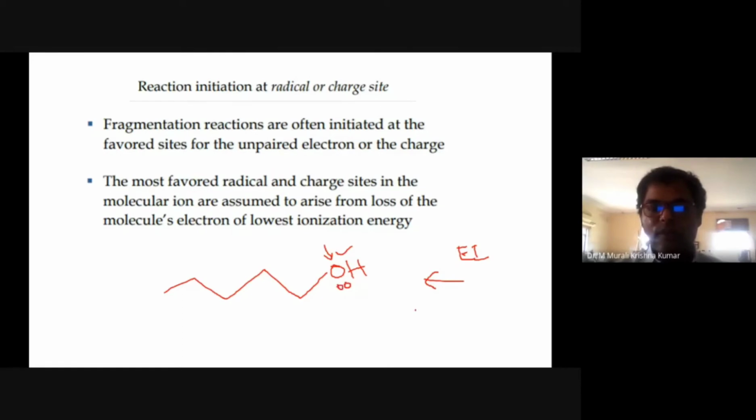So the most favored site for ionization is the unpaired electron, and after formation of the ion, the charge is what is going to dictate the fragmentation reaction.